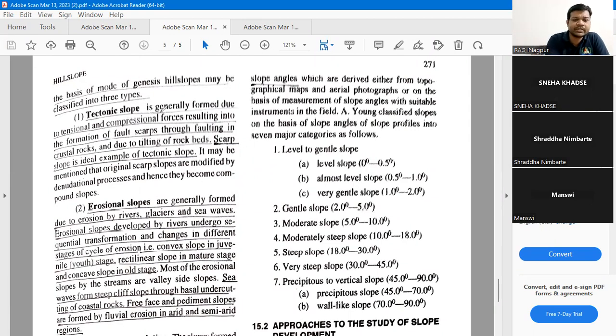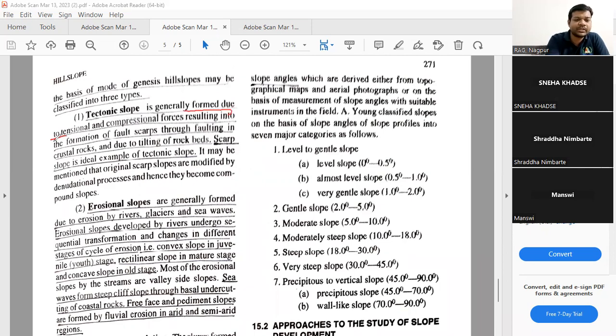The first one is the tectonic slope, generally formed due to tensional and compressional forces resulting in the formation of fault scarps through faulting in the crustal rocks and due to tilting of the rock beds. Just remember, tectonic slopes are those slopes which are formed due to tectonic activities. It may be folding, it may be faulting.